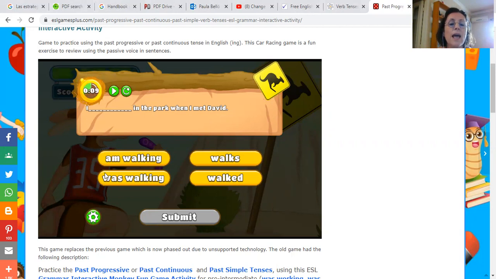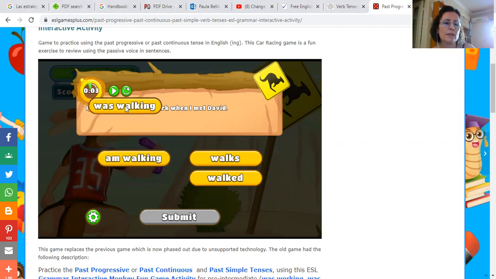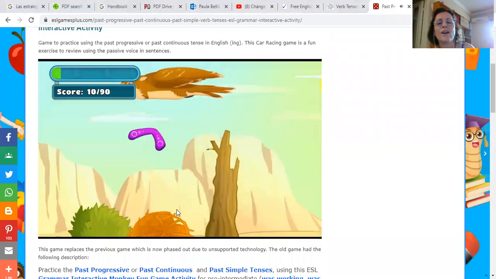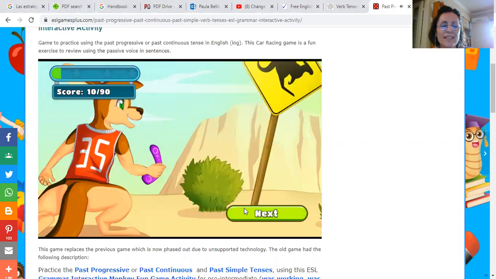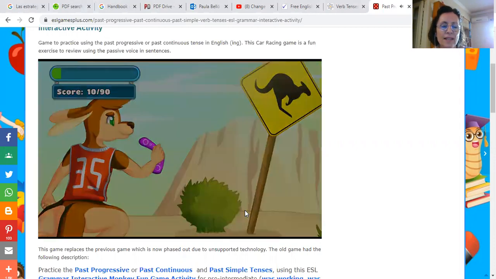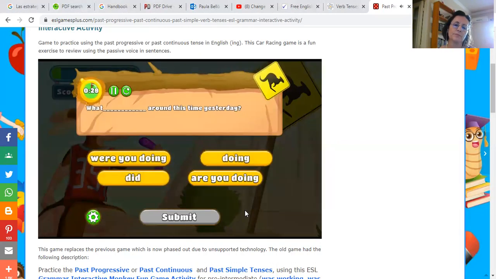In progress. Was working. Yes, I was working. Oh, almost there. So almost there, but we got the points. Okay, read it, analyze it, and tell.